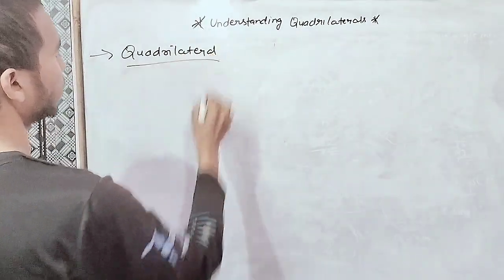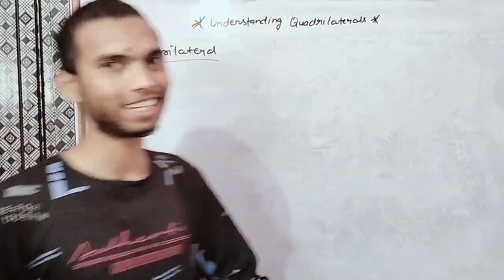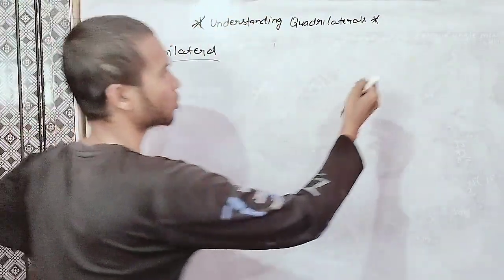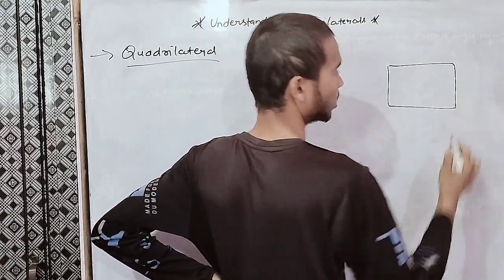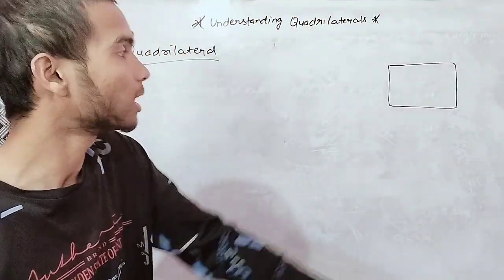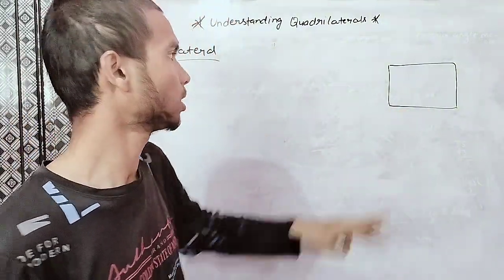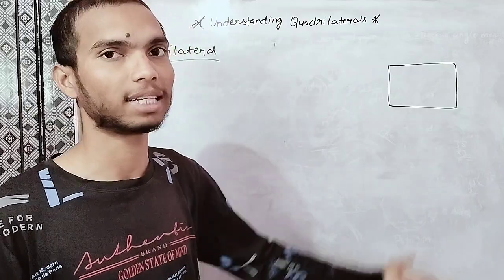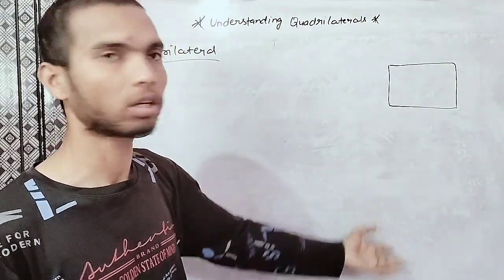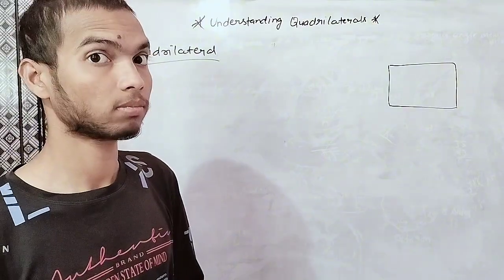Already you know, quadri means four, and lateral means sides. So can you say this is a quadrilateral? Why would you say this is a quadrilateral? Because it has four sides: one, two, three, four. This shape tells us that it is a quadrilateral.